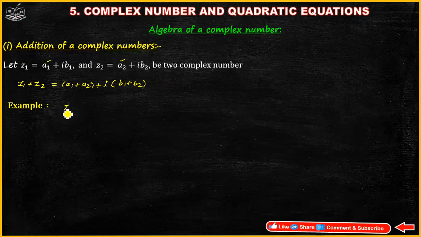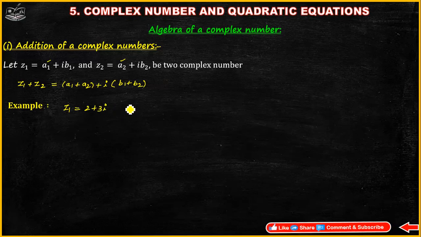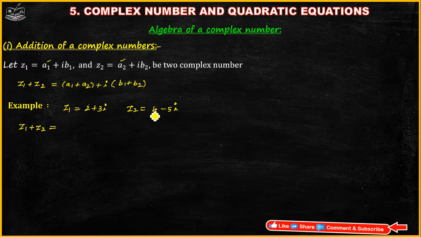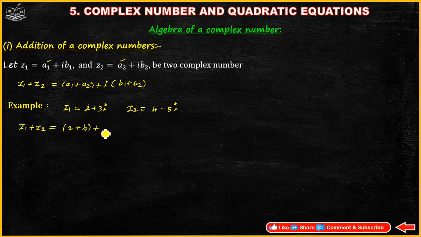Example: z1 is equal to 2 plus 3i, and z2 is equal to 4 minus 5i. Now, can we add z1 plus z2? Add real and real parts: 2 and 4 give 2 plus 4, which is 6. Then the imaginary part: plus i, 3 and minus 5.